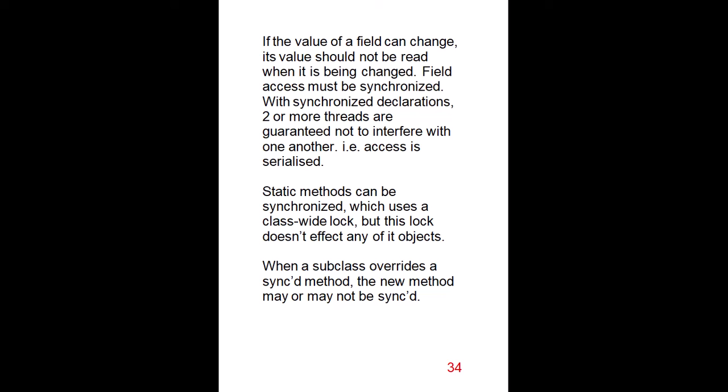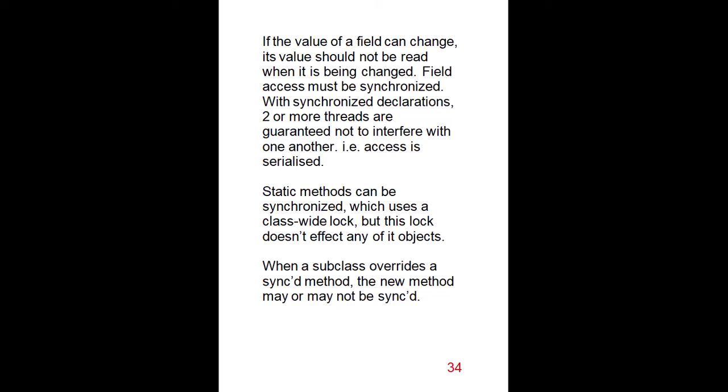So static methods can also be synchronized. I haven't said very much about static methods, but static methods relate to the class, and their effects are going to be felt by all objects that are instances of that class.